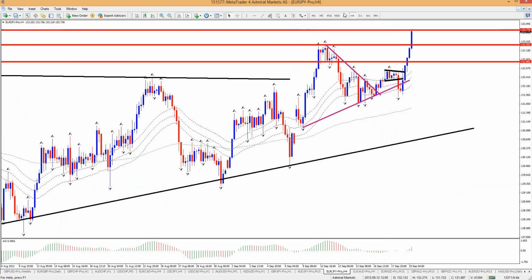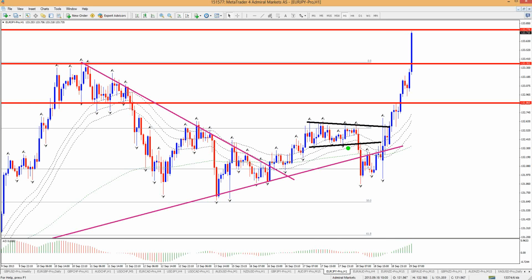Euro Yen is continuing up as well. Got 2 break-evens on this one. Should have been maybe a bit more spacious on the stop loss. And now it's up 200 pips. Well, what can you do? Those things happen. At least I got the New Zealand yen.